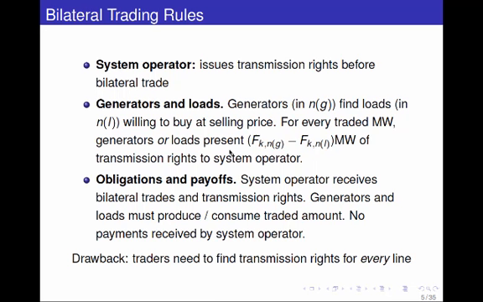What are these agents trying to achieve? So I'm a trader. I own a generator in some location, n of g. So let's call n of g the location of generator g. And I'm deciding on my production G. This is my decision variable.